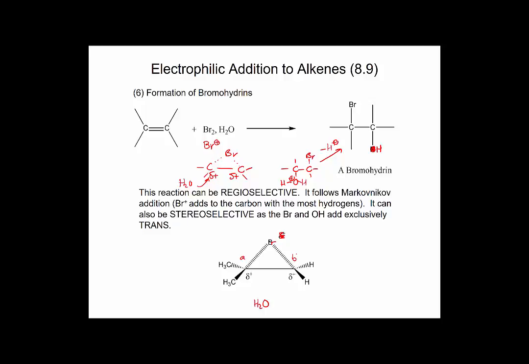And as I think I said a while ago, within the last hour, I broadened my definition of Markovnikov addition to now say the carbon with the most hydrogens gets the electrophile, the most substituted carbon gets the nucleophile. But now I'm not strictly limited to H plus. Now I could use Br plus or mercury plus.